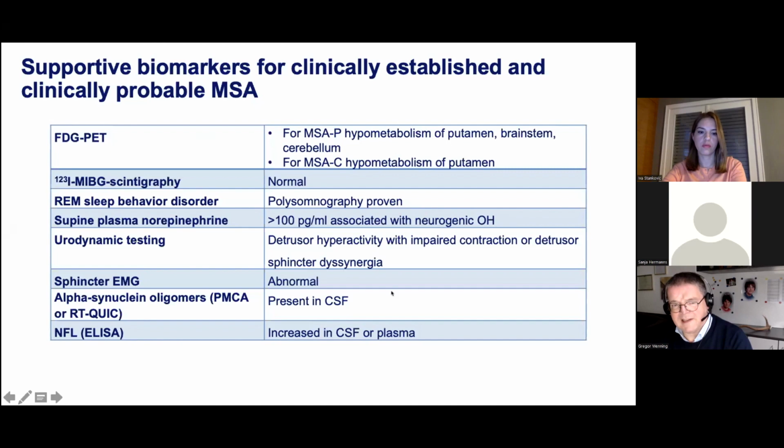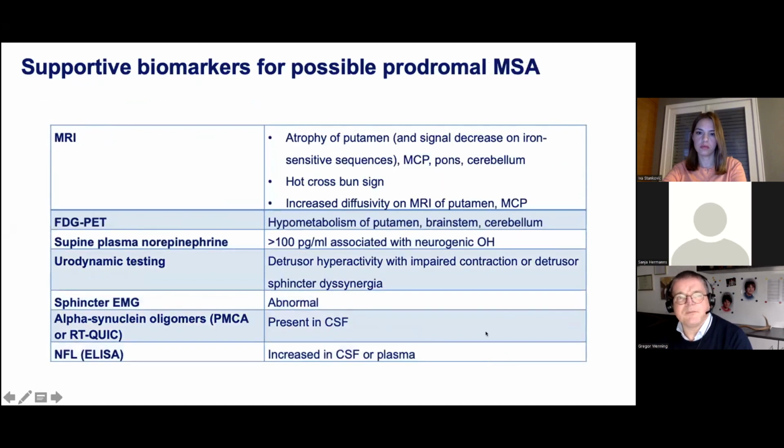NFL, neurofilament light chain on ELISA, is also increased in CSF or plasma in many cases. But all of these data, as mentioned before, need to be validated in a prospective study. Now, these are supportive biomarkers for possible prodromal MSA.